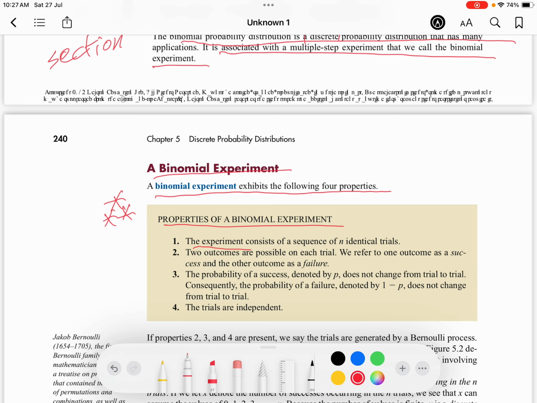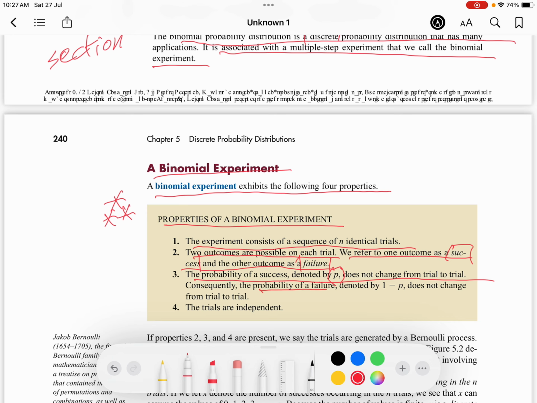First of all, the experiment consists of a sequence of n independent trials. Second, two outcomes are possible in each trial: success and failure. The probability of success, denoted by p, doesn't change from trial to trial. يعني the probability of success p is fixed.